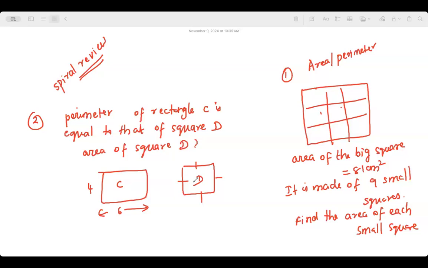Let me see, guys. One before advanced. Fifth one before advanced.